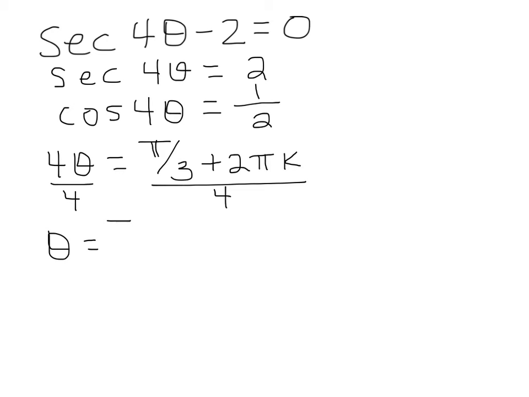So theta is pi over 3 times 4, which is 12, plus 2 pi over 4 gives me pi halves k. My other possibility, in addition to pi thirds, cosine is also equal to 1/2 at 5 pi thirds.